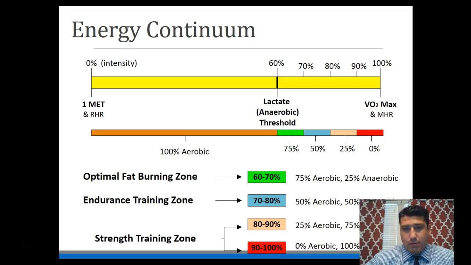So even when you hold your breath or you go to sleep, your heart still works in order to keep you alive. On the other end of the spectrum, you can see here it says 100% intensity. What's associated with 100% intensity is what's called the VO2 max. This VO2 max is one of our measures of fitness.